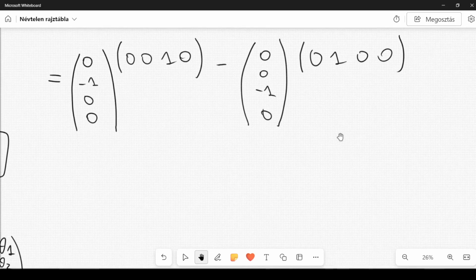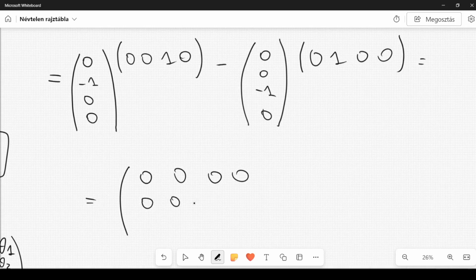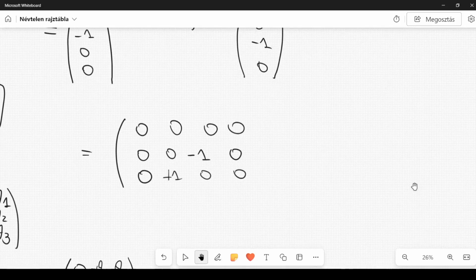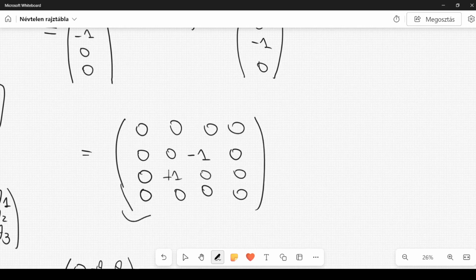So if you put them together, you get the following 4 by 4 matrix with zeros everywhere except for a minus 1 and a plus 1, like this. And now, for simplicity, let's just call this a matrix M.